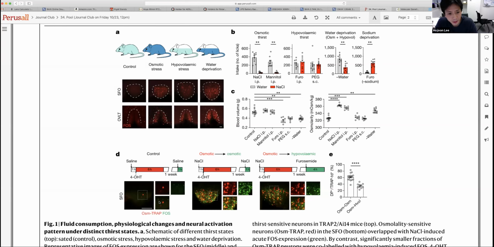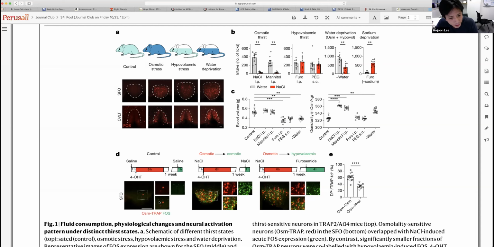So once the ER part of the CRE-ER binds to OHT, the CRE-ER can translocate to the nucleus and recombine whatever is there. So in this case, they probably did TRAP with tdTomato or something to label the cells that were active during this process.